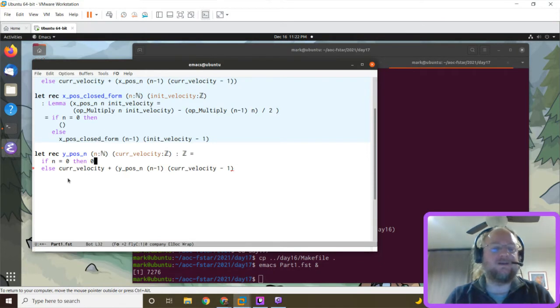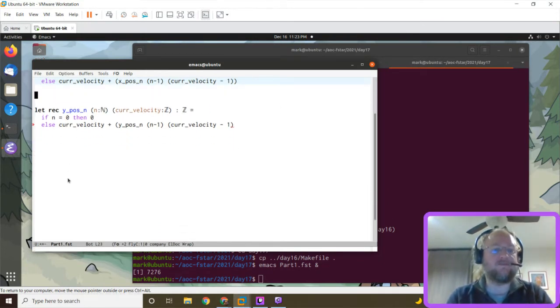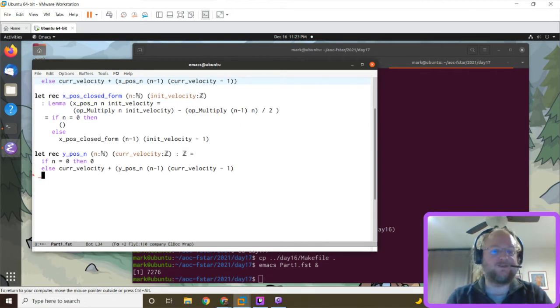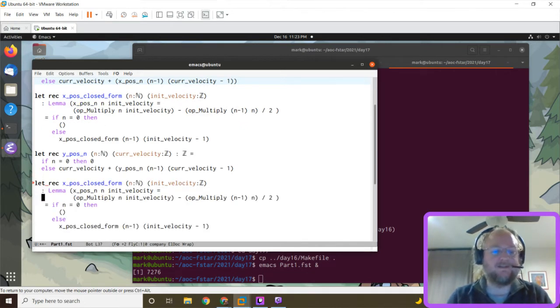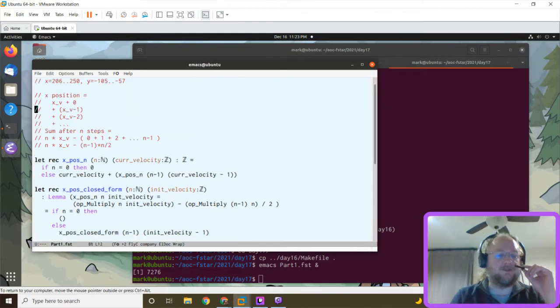All right, so let's go back and fix. So this is a perfectly good proof for y. But x is going to have to be a little more complicated.